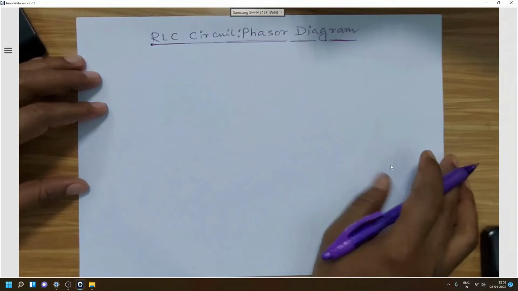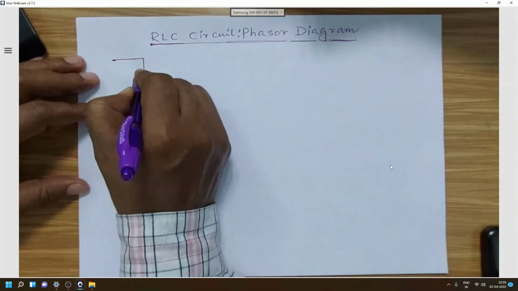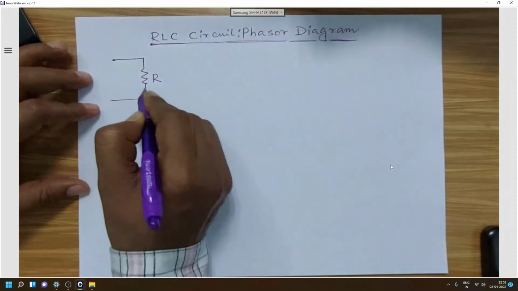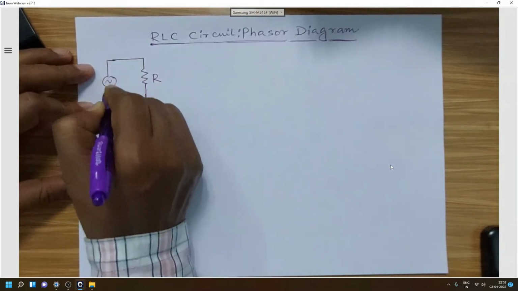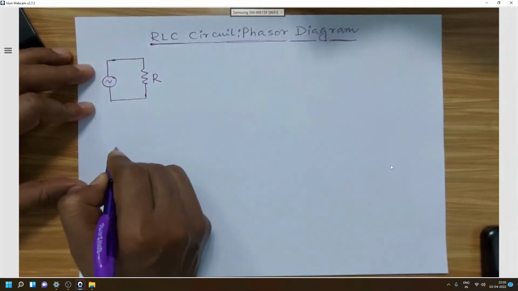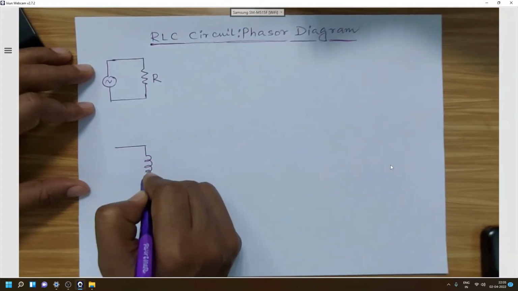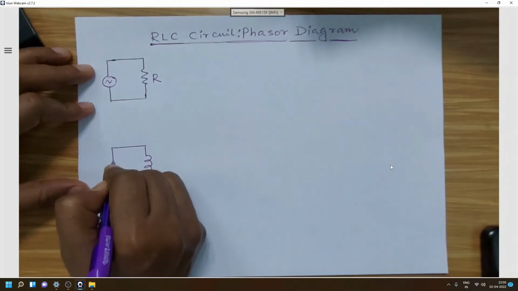That means we will consider one circuit with pure resistance, that is, there is no other inductive component or capacitive component, so reactive component will not be there. And also we will consider one inductive circuit where we will assume that capacitive element and resistive element will not be there.